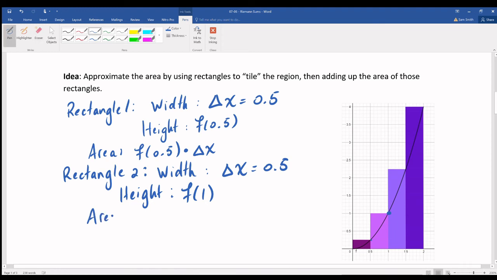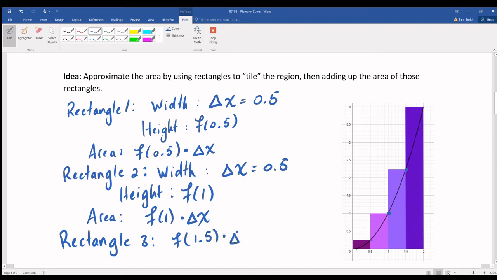The area, once again, will be the width times the height, so f of 1 times this delta x. Rectangle 3, can you guess what the area would be? The width is still the same, delta x equals half a step, 0.5, and the height, it's now anchored to the graph at x equals 1.5. f of 1.5 times delta x.